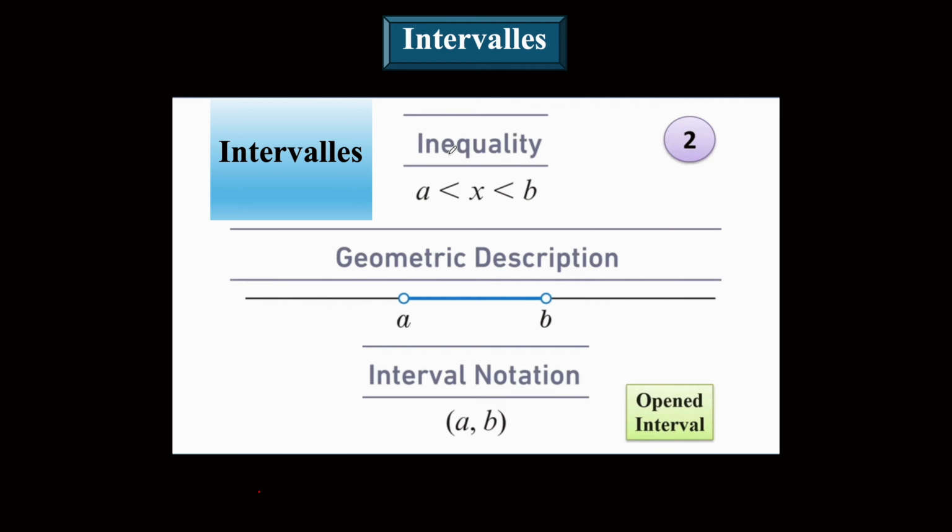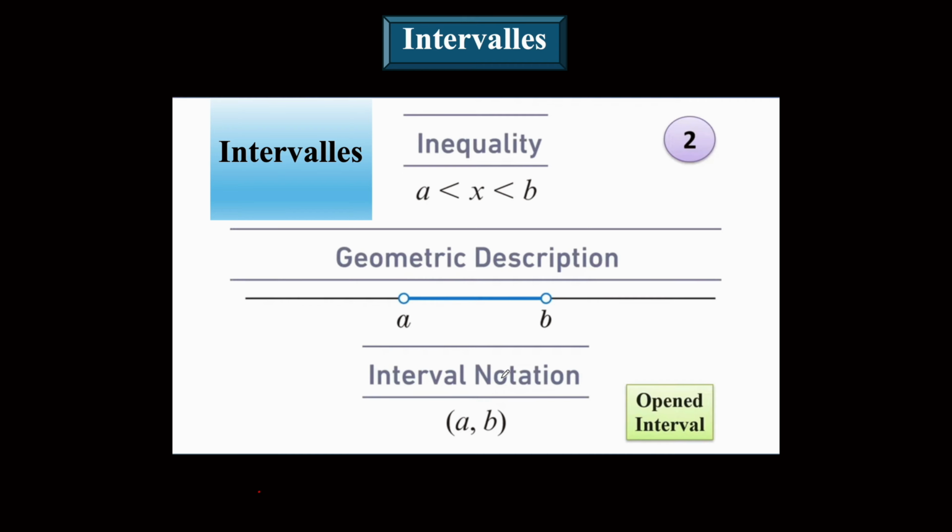Coming to this example, a is strictly smaller than x, x is strictly smaller than b. Now, the geometric description for that: since we don't have equal here, a is strictly smaller than x, we denote it with an open point, and we say from a excluded until b. Since we don't have any equal here, b also is excluded.